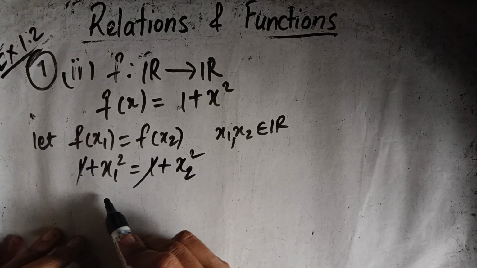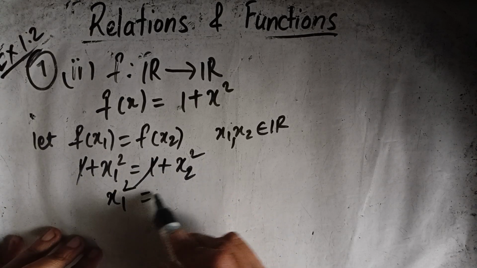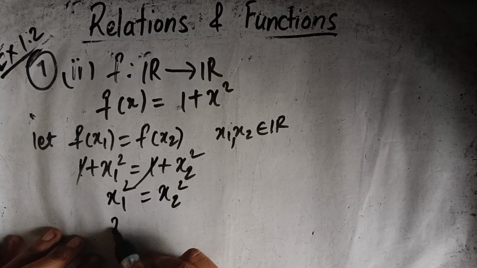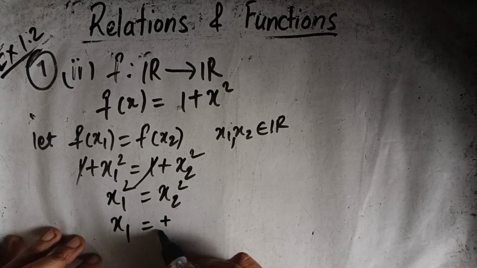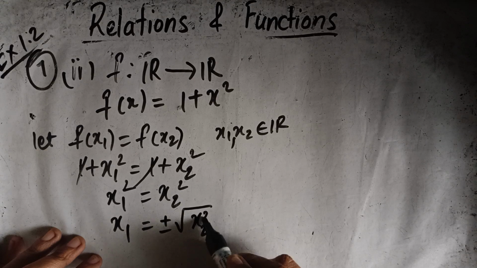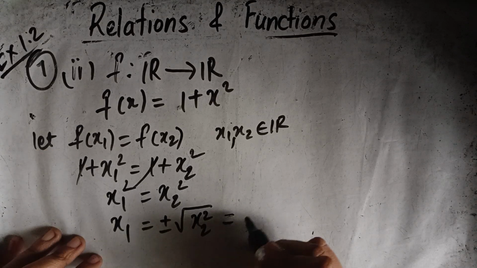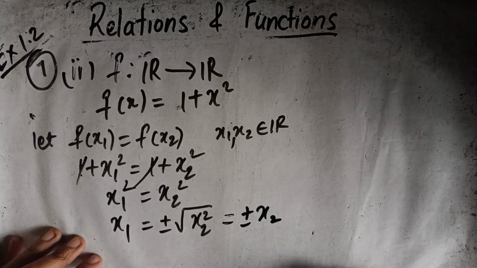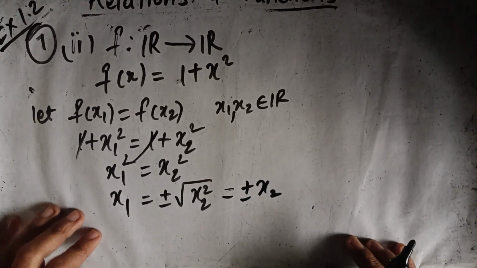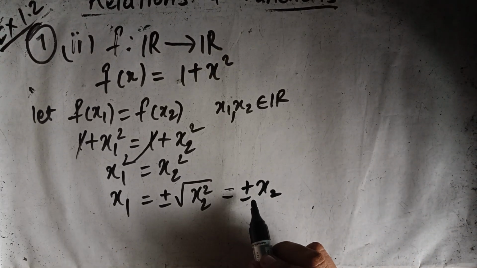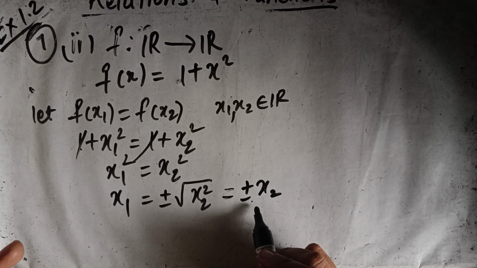The 1 gets cancelled and you'll get x1 square is equal to x2 square. Then x1 is equal to plus or minus root of x2 square, which is plus or minus x2. Okay. So you are getting plus x2 and minus x2. So both are there, right?